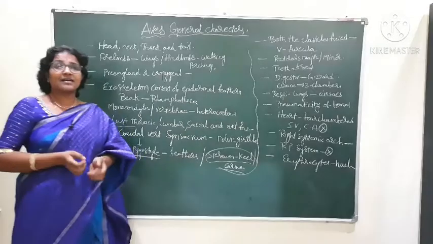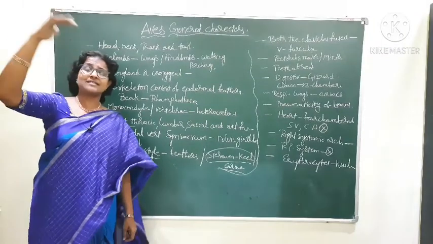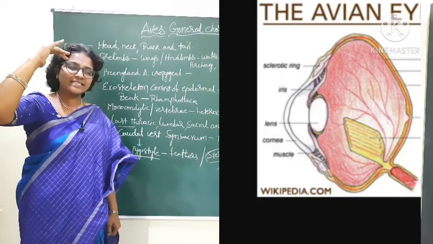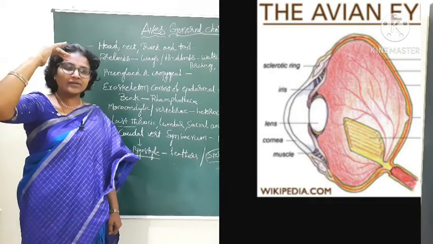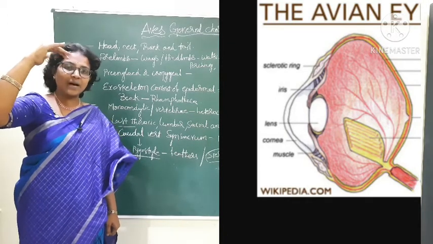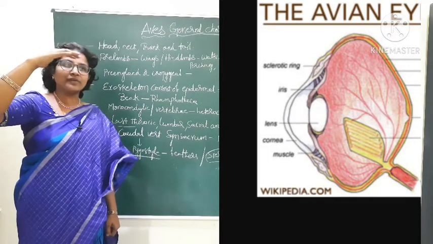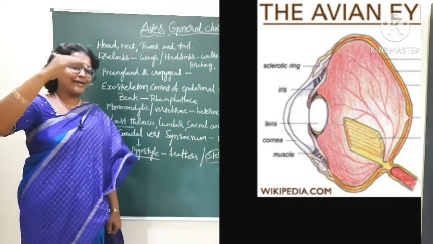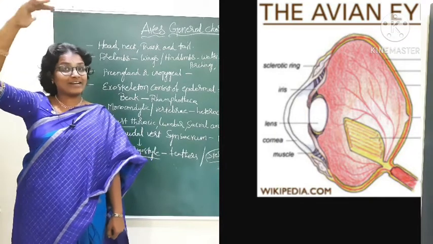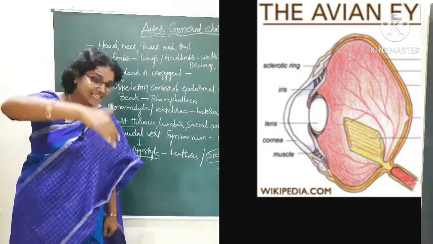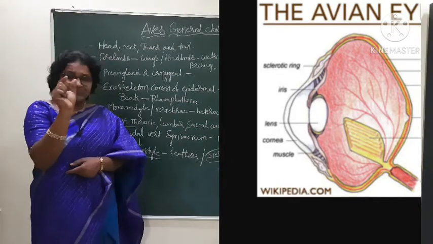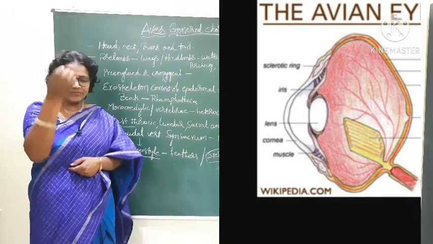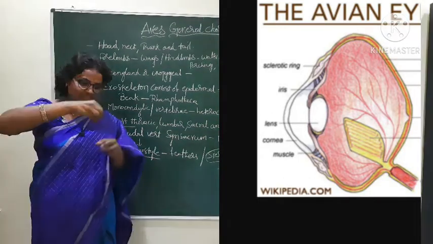Next, in the eyes, they fly at heights. The pecten is a substance which is present in the eye. That is inserted from the retina into the vitreous humor, the part of the eye. Say that pecten is useful for protecting the eye from the sunlight. So it can have a great vision when it is flying at a great height also, it can observe small things, like a hen's chicks, it can watch the chicks, see the chicks, and it can catch them.